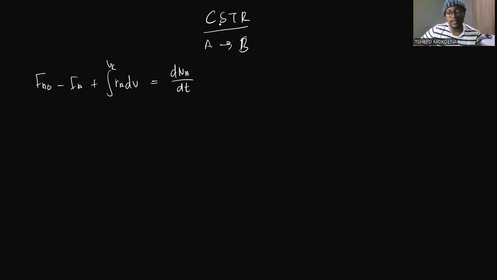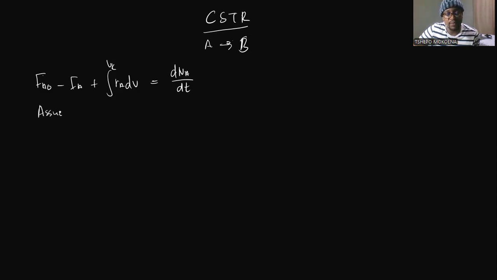Now we are no longer doing the batch, we are looking at the CSTR. We're going to look at the assumptions, because the chemical reaction is taking place within this tank.